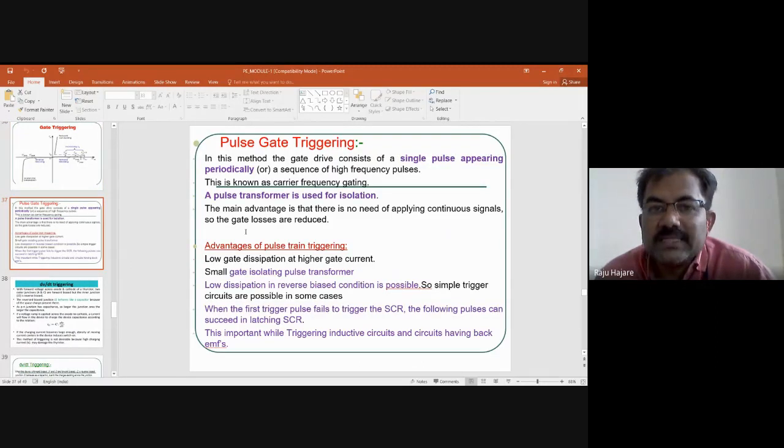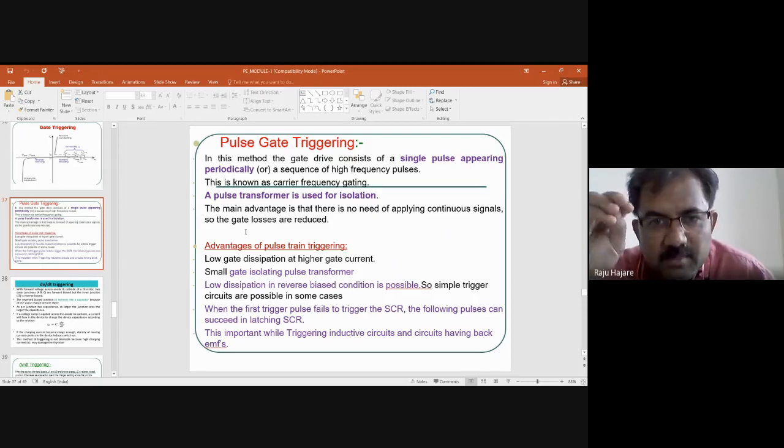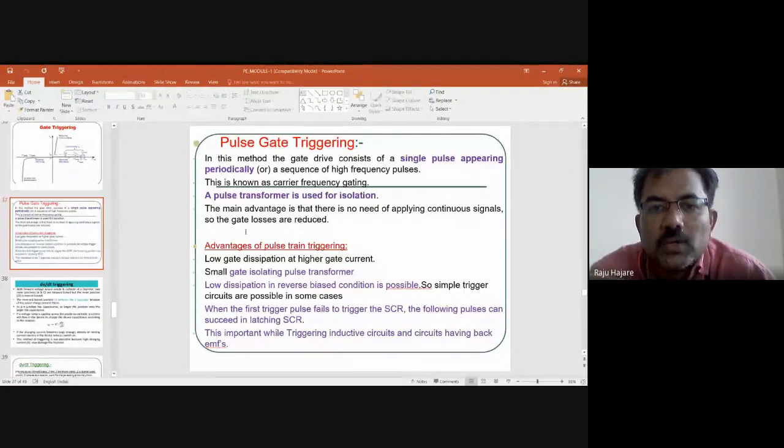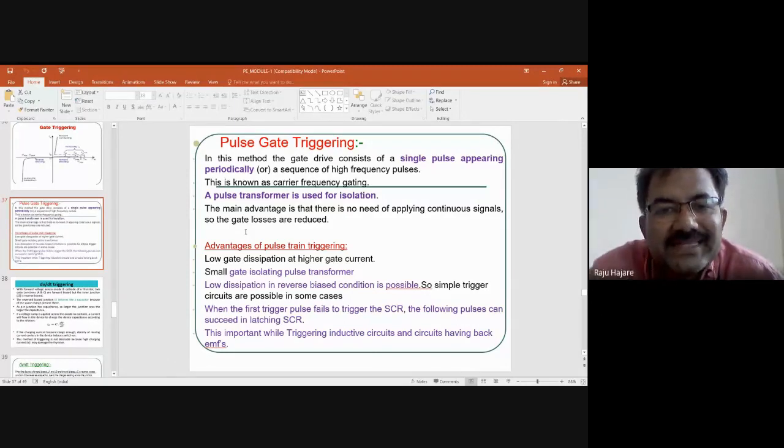Next is pulse gate triggering. What I was talking about, gate triggering, is a voltage applied at the gate, but in this similar technique you are not giving a single voltage. You are applying a train of pulses, a sequence of pulses continuously.